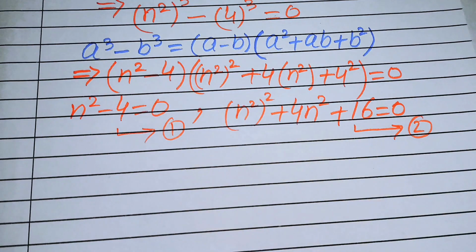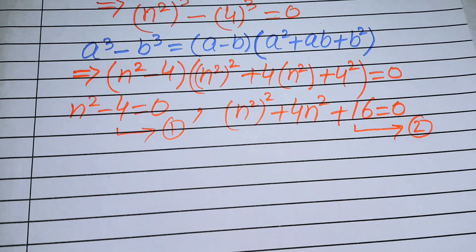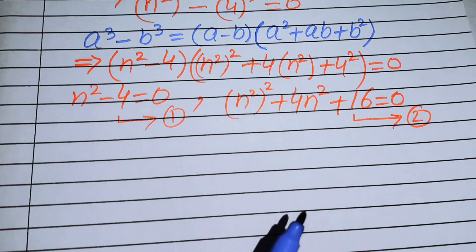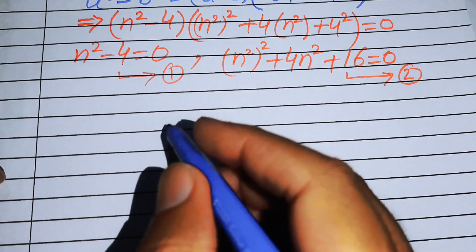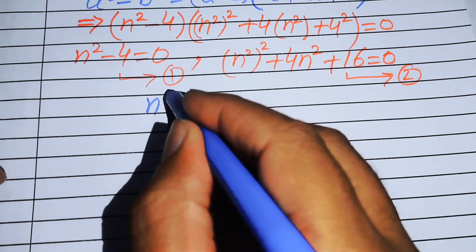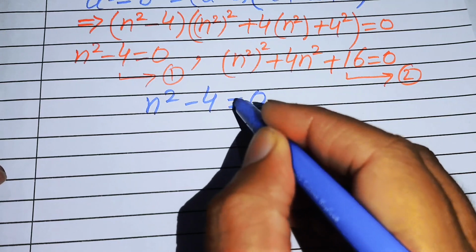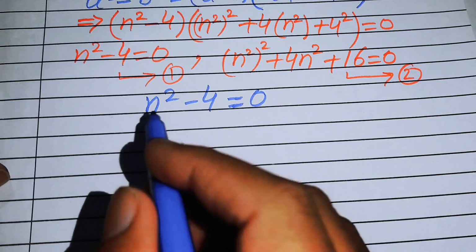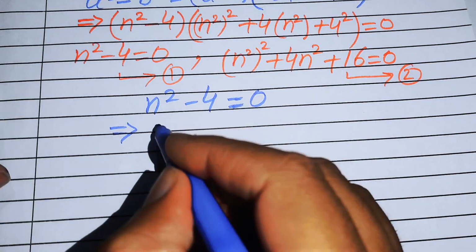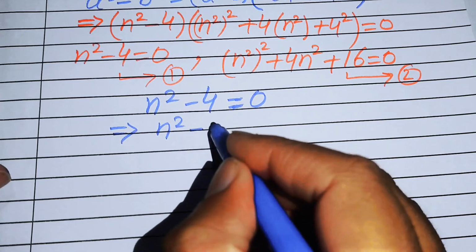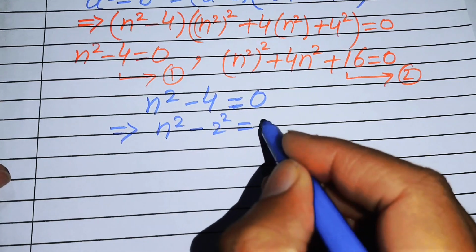Now we will solve these two cases one by one. First we will focus on case number 1. In case number 1 we have n squared minus 4 equals 0, and we will rewrite this equation as n squared minus 2 squared equals 0.